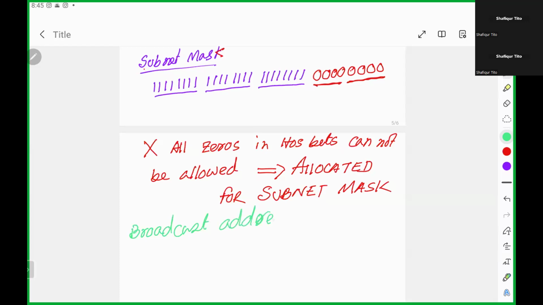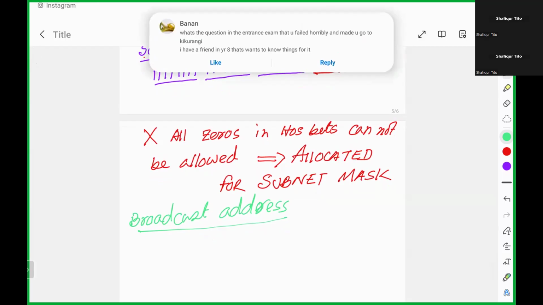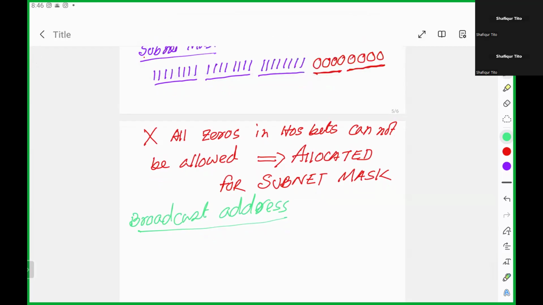For a local area network, there is a standard of having the broadcast. So we are not actually using all the IP addresses. You might have 1000 devices.